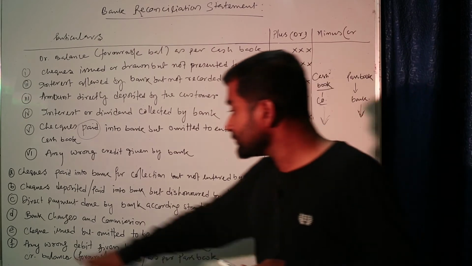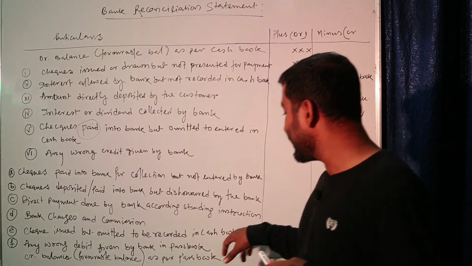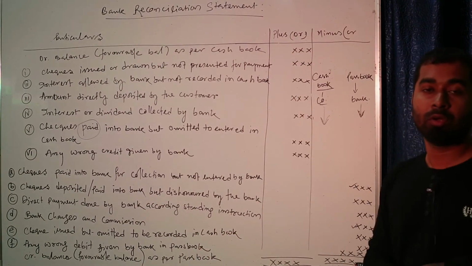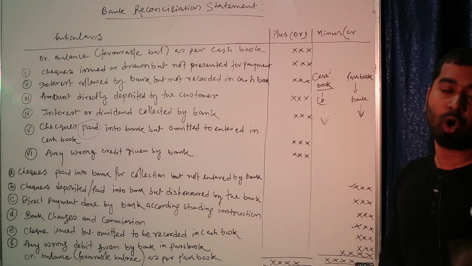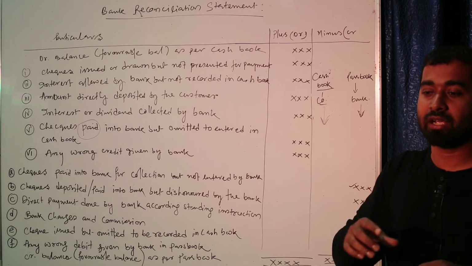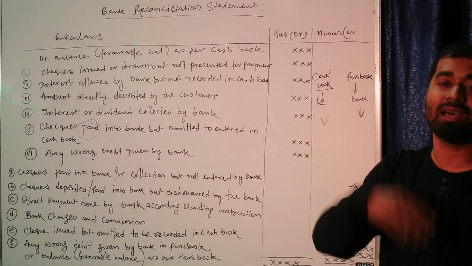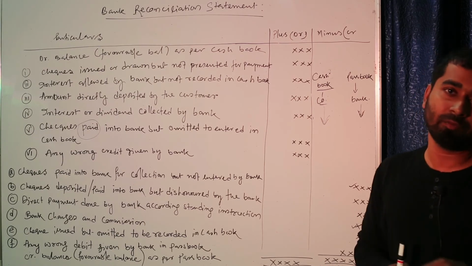Next one, cheque issued but omitted to be recorded in the cash book. Cheque issued is the opposite of cheque deposited. Cheque issued means you have given a cheque to some creditor or person, and that person will visit the bank and withdraw that amount from your bank.